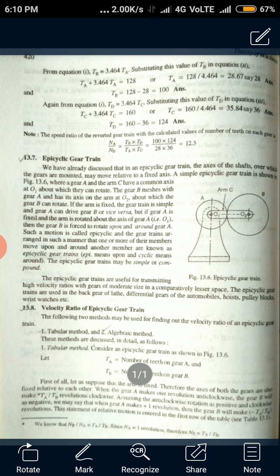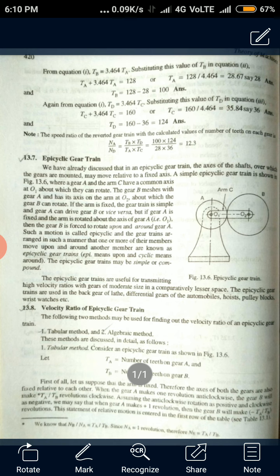The gear B rotates upon and around gear A. Such a gear train is called what? An epicyclic gear train. This is just like our orbit, as our earth is rotating around the sun. Similarly, gear B rotates upon and around gear A. It is called an epicyclic gear train.